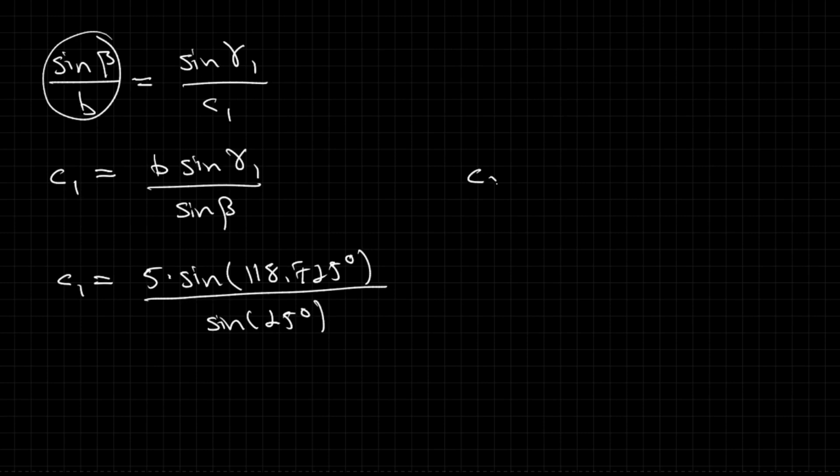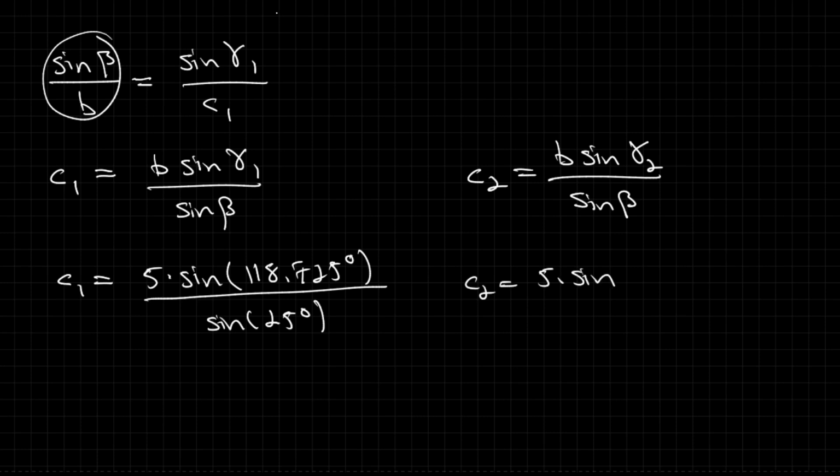C2, I'm not going to write the sine equation because it's the exact same except these are replaced with 2's here. C2 is B sine gamma 2 all divided by sine beta. And so that's going to mean that C2 is 5 times sine of gamma 2.